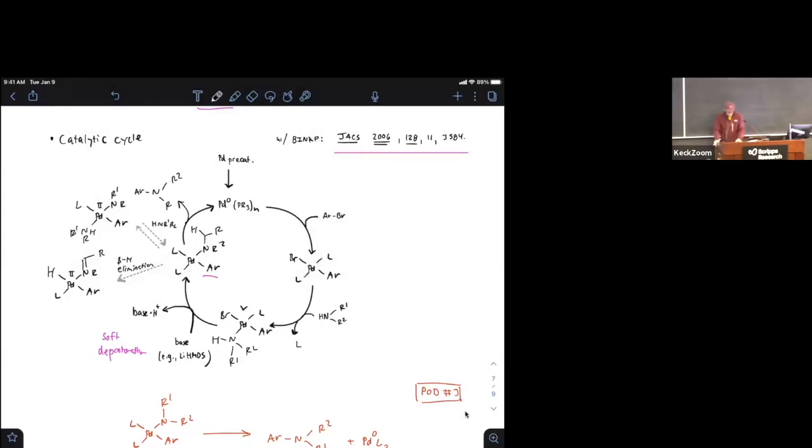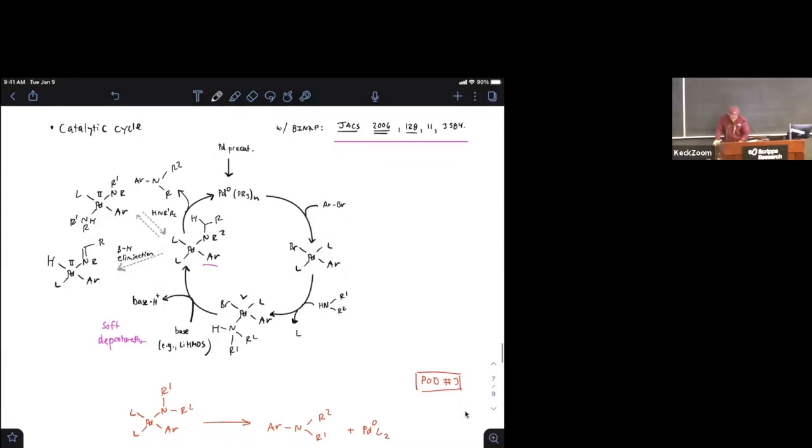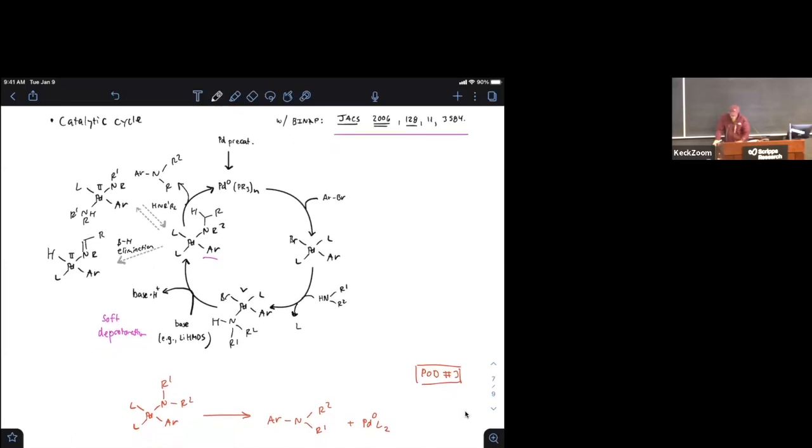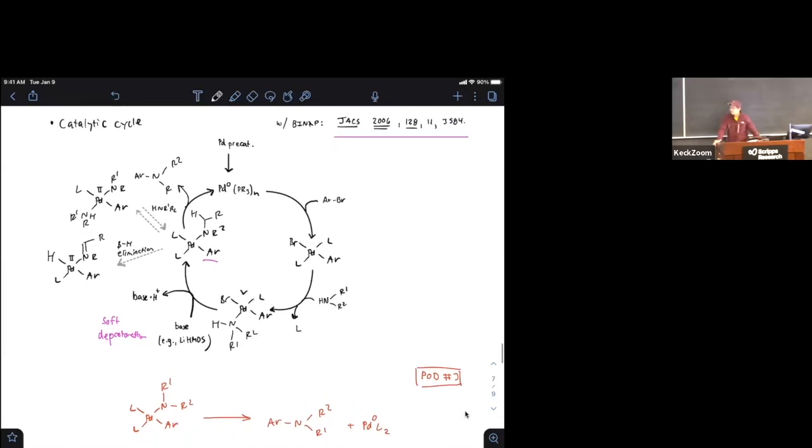One is L-type, so that we can get there from this particular species, but it can also be both coordinating as L-type. Good. Any questions on that?